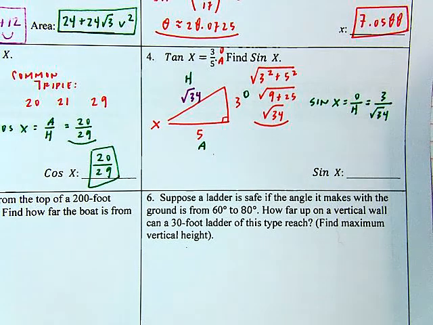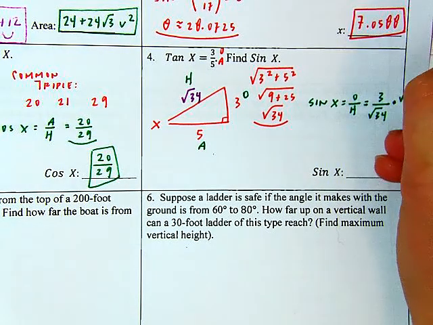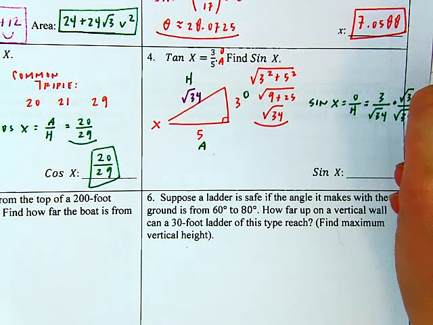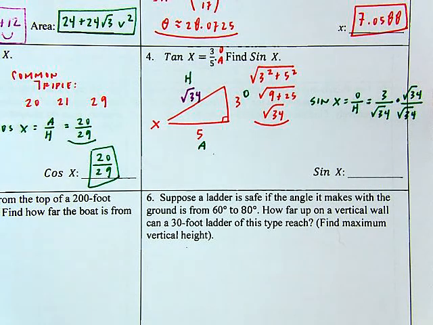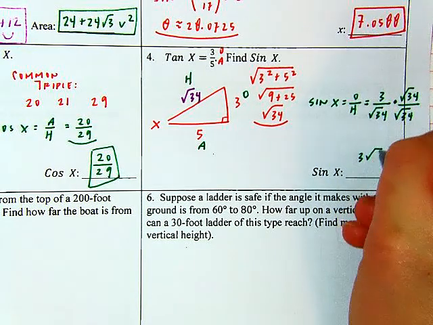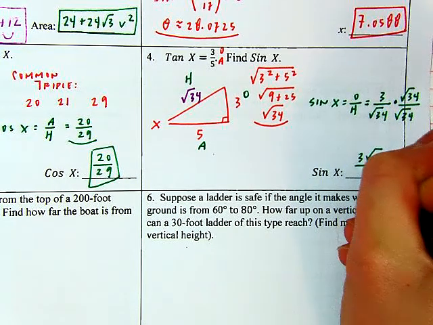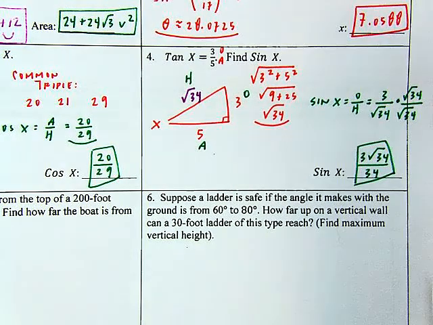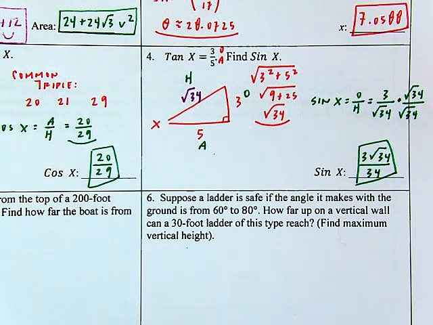And then I need to rationalize. We don't leave a root in the bottom. So I multiply by root 34 over root 34. And I end up with 3 root 34 divided by 34. It does not reduce further. That's as simplified as I'm going to get.